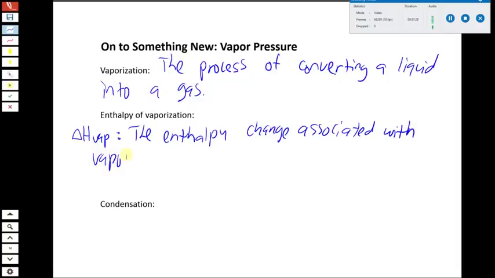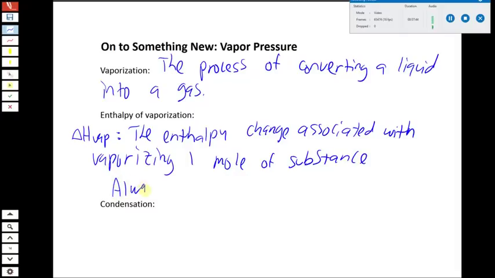So that's what delta H vaporization refers to. All right, so what do we think? Is vaporization enthalpy going to be endothermic or exothermic?